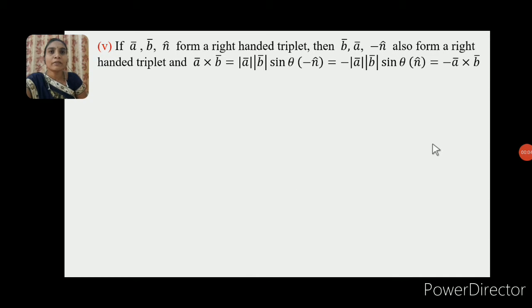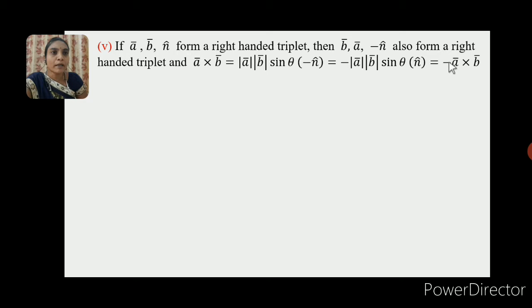Fifth, if A bar, B bar, n cap form a right-handed triplet, then B bar, A bar, minus n cap also form a right-handed triplet, and B bar cross A bar is equal to magnitude of A bar into magnitude of B bar into sin theta into minus n cap. Taking the minus sign outside, it is equal to minus magnitude of A bar magnitude of B bar into sin theta into n cap, and this is the formula for A bar cross B bar.